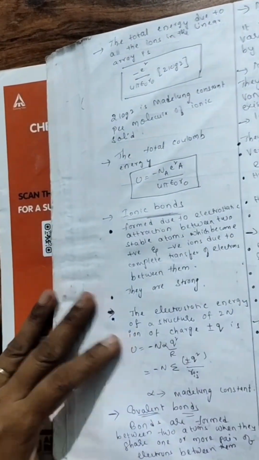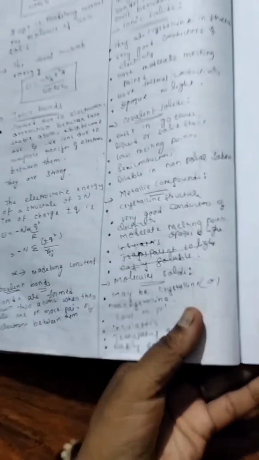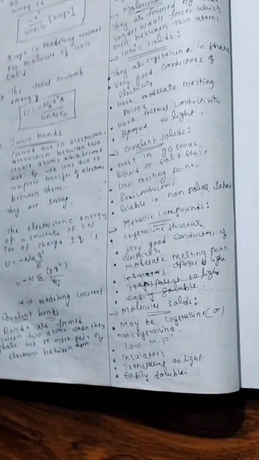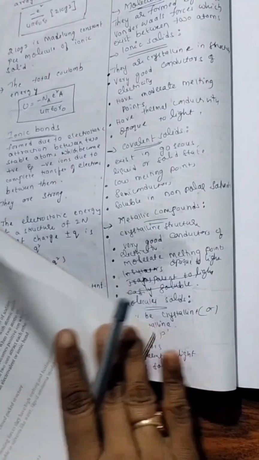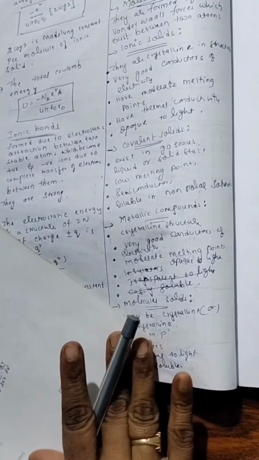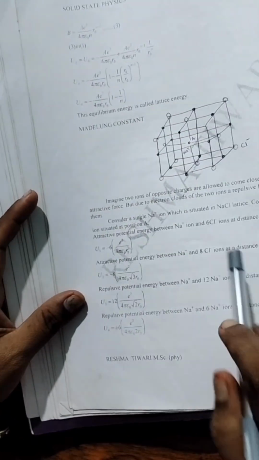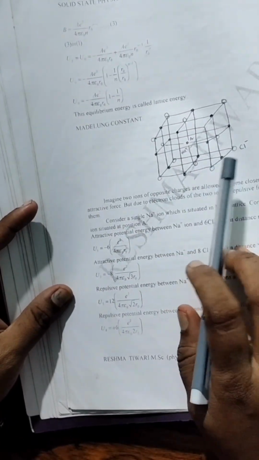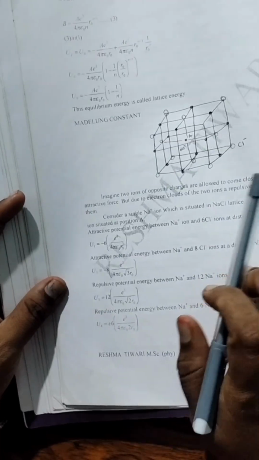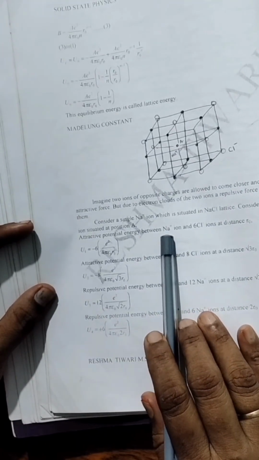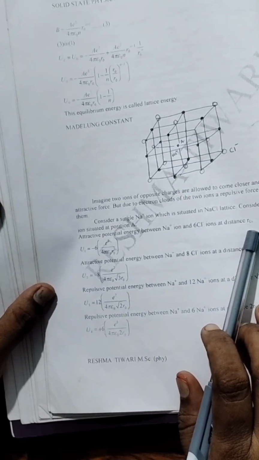Now next, before going to these types of bonds, let us see what this Madelung constant value is. Here we took an NaCl crystal. The attractive potential energy is between an Na plus ion and 6 Cl minus ions at a distance R0.